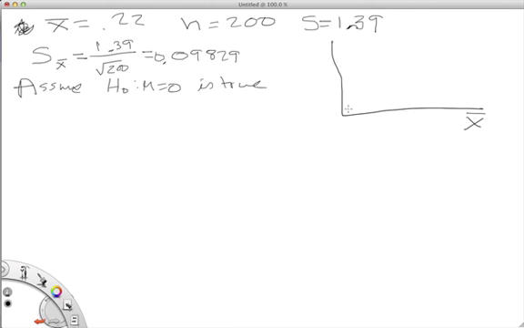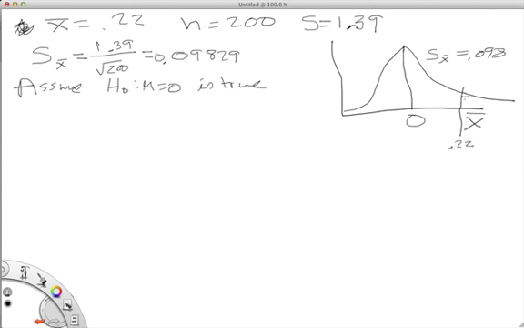The sampling distribution tells us what happens if we draw a sample. Under the null hypothesis, the mean of this distribution is going to be 0. And we know that the standard error is 0.098 something or other. Now, we have collected 200 observations from this population and observed a statistic of 0.22.